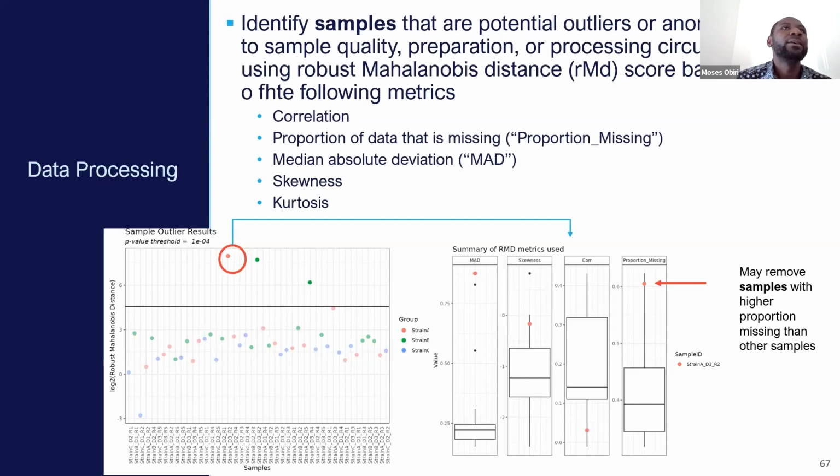We talked about sample filtering. Often you have to identify samples which are potential outliers or anomalies in your data set due to either preparation or processing circumstances.